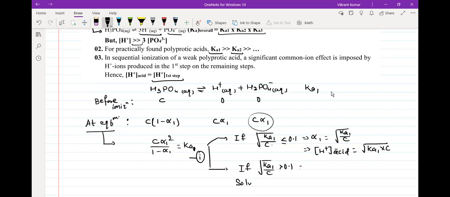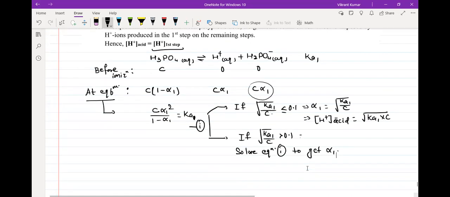I am calling it equation 1. Solve equation 1 to get alpha 1, and then we'll say H plus from acid will be C alpha 1, है ना. And then we can calculate the pH, but before checking the pH we need to always see that whether it is greater than 10 raised to minus 6 or not, नहीं तो फिर water वाली कहानी आती है ना. Is it okay?